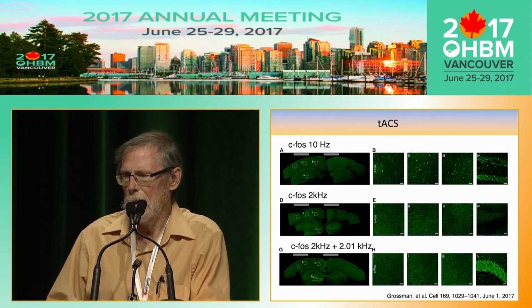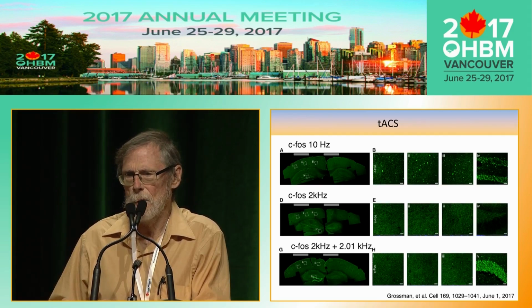In the top line, it's 10 hertz activity in both electrodes. And you see an activation in the hippocampus, but not in the regions close to the electrode, whereas with the 2 kilohertz in the bottom one, you see activation again in the deep region of the brain, but not close to the electrodes.